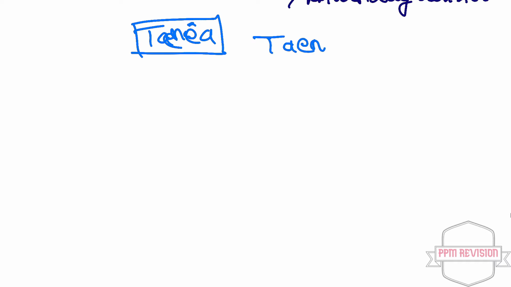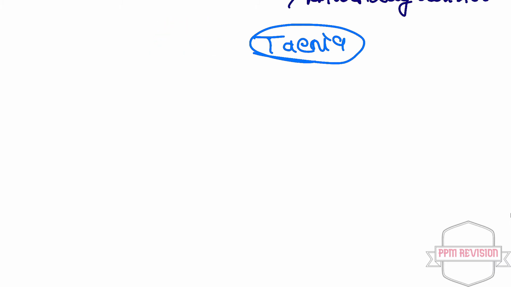I'll quickly write it down. So learning about Taenia, this is nothing but the tapeworm. Here it's divided into saginata, and second, into solium. So now I'll be discussing solium.